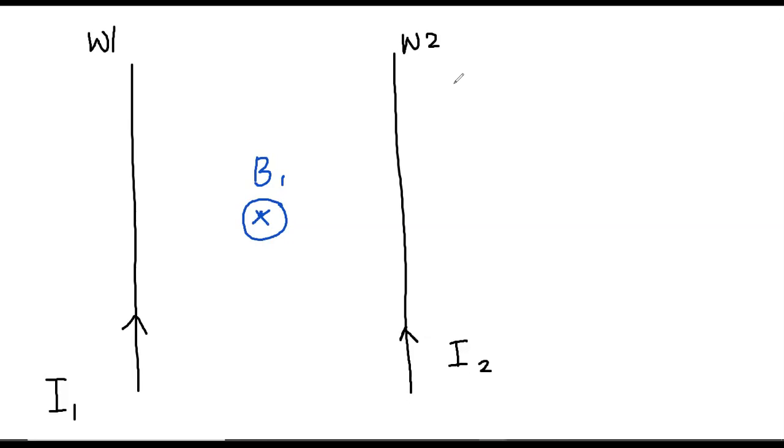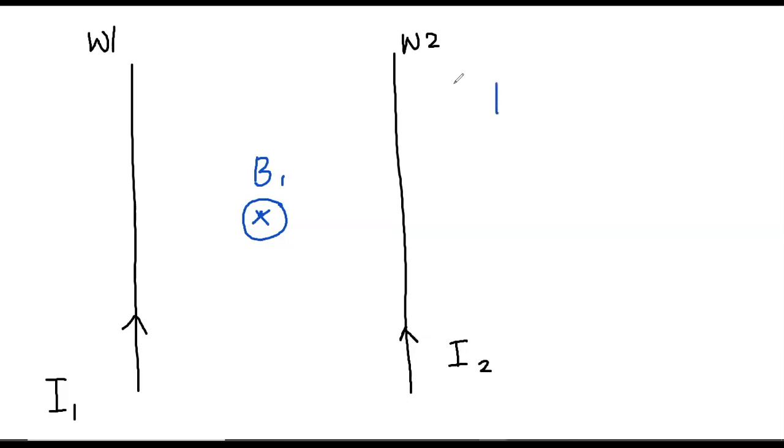Now this current I1, which flows through the first wire, is causing this magnetic field B1, which is going into the plane of your screens. Now this B1 becomes the external magnetic field for the wire W2, that is going to carry a current I2.